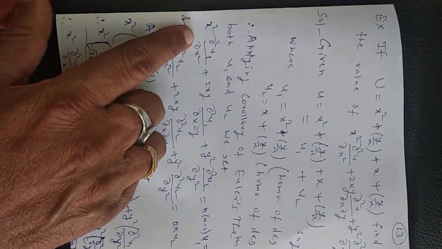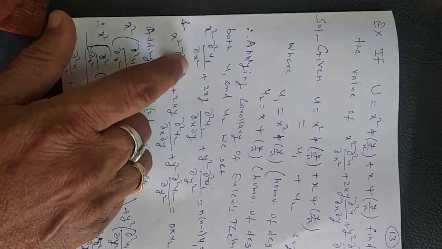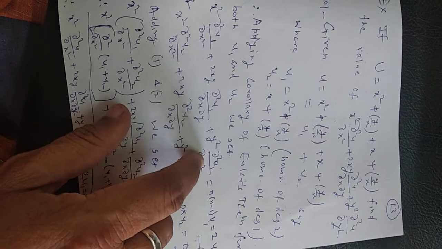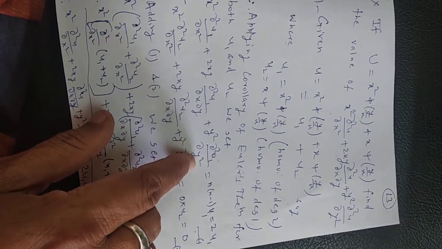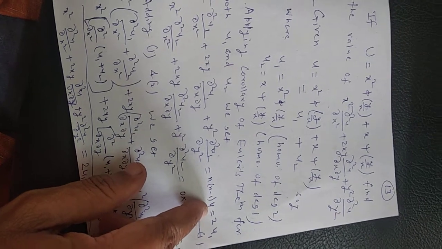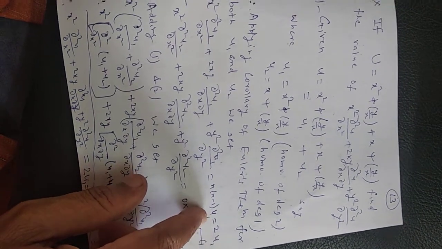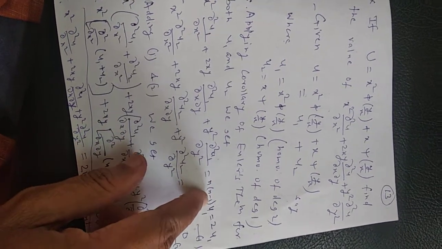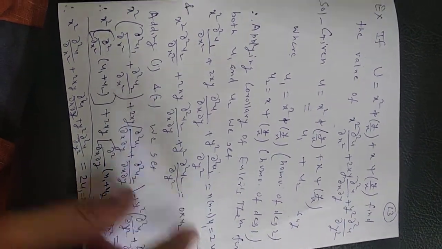So we will get x square dou 2 u1 by dou x square plus 2xy dou 2 u1 by dou x dou y plus y square dou 2 u1 by dou y square is equal to n into n minus 1 into u1, the first result. N is 2, so 2 into 2 minus 1 into u1.